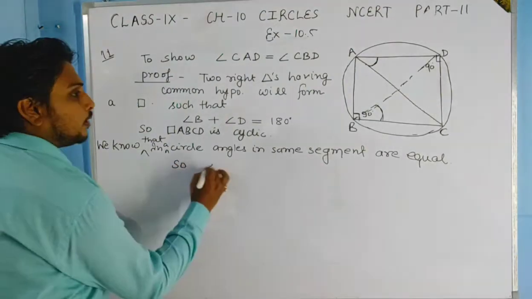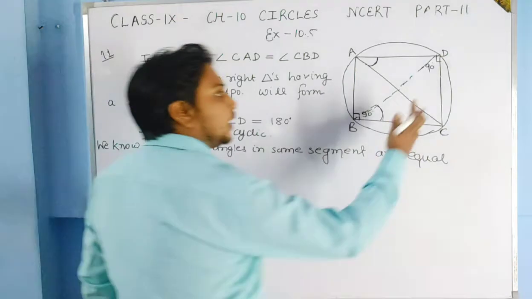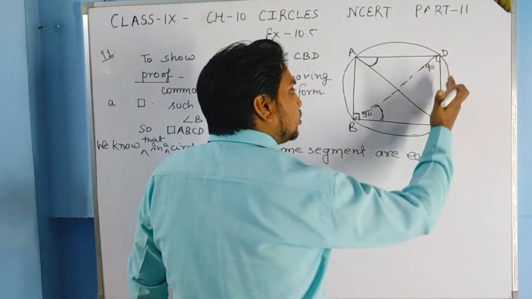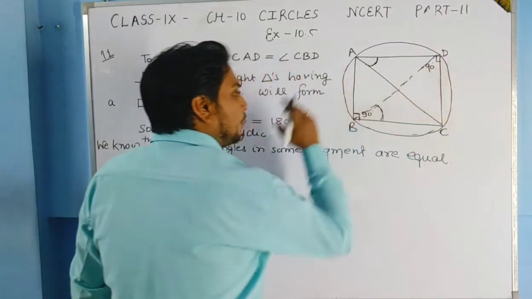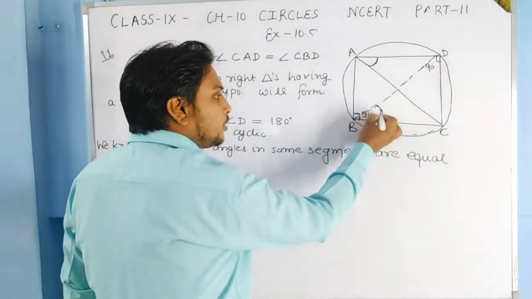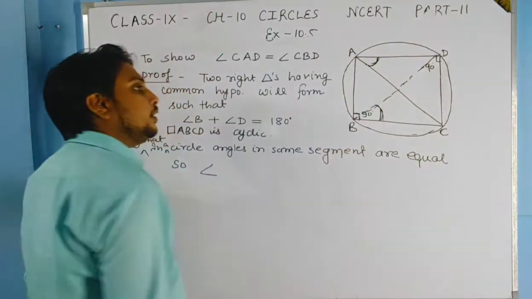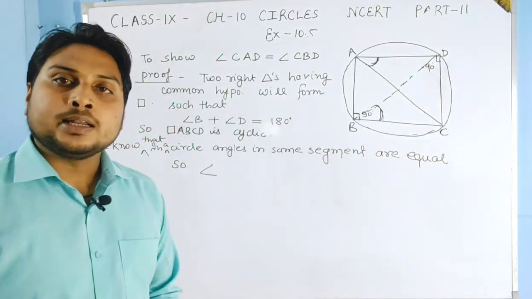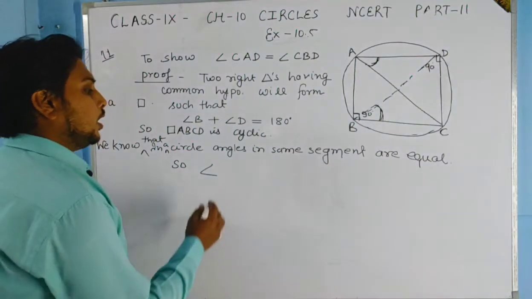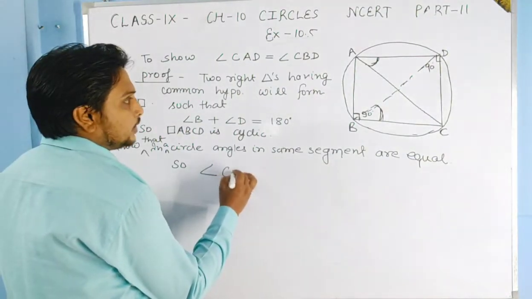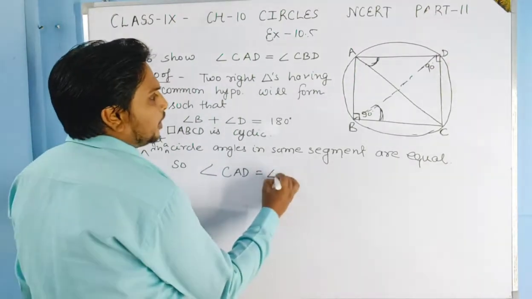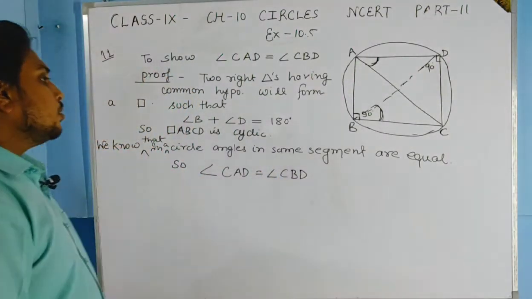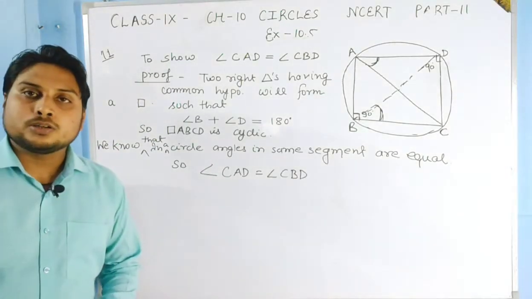So see here, students, if you consider this chord CD, this is the minor segment and this is the major segment, and these two angles that we have to show are equal are in the same segment. So if they are in the same segment, then it is obvious that they will be equal. So angle CAD will be equal to angle CBD. Okay, students, so pause the video and note down the solution of this question.